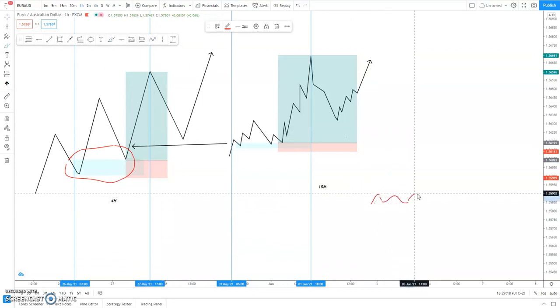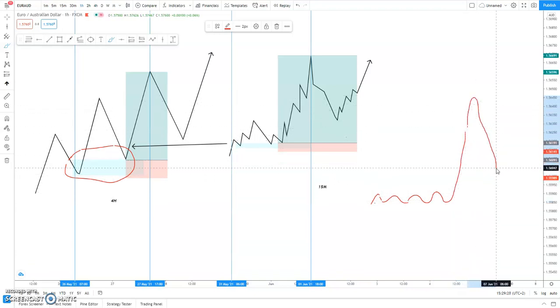You don't trade off the sideways movement. We don't trade a ranging market. You only trade once it retests it and comes back, then you'll trade off that.